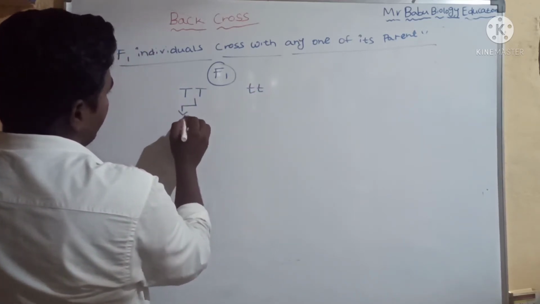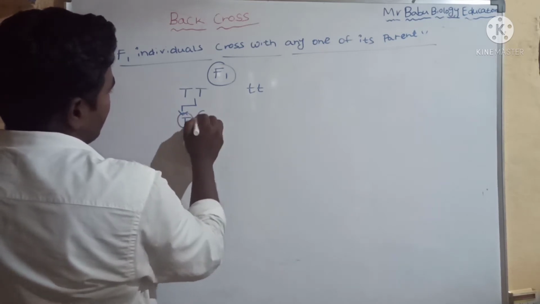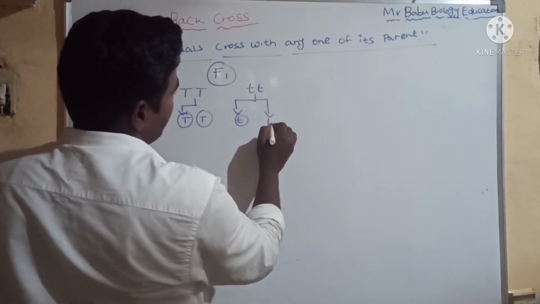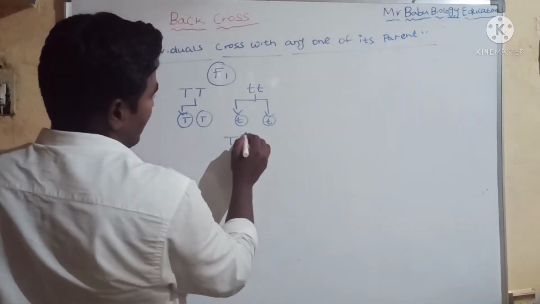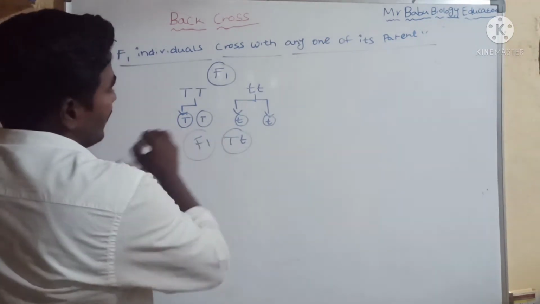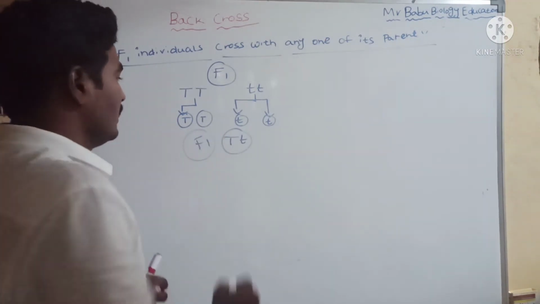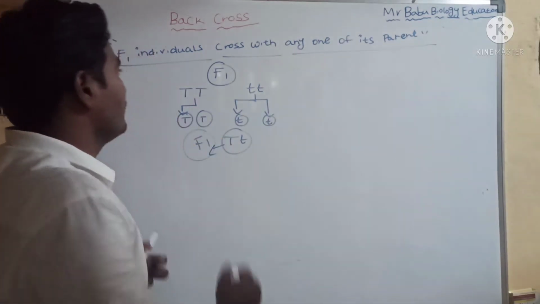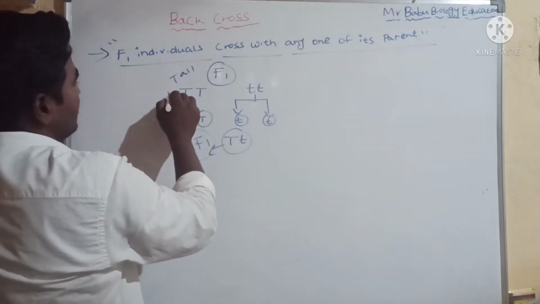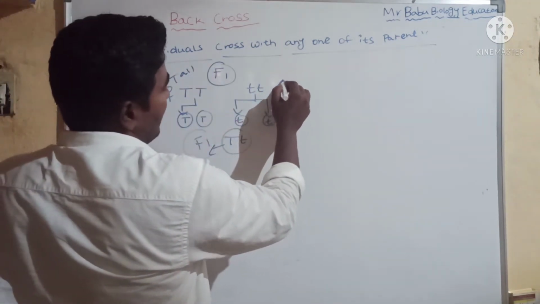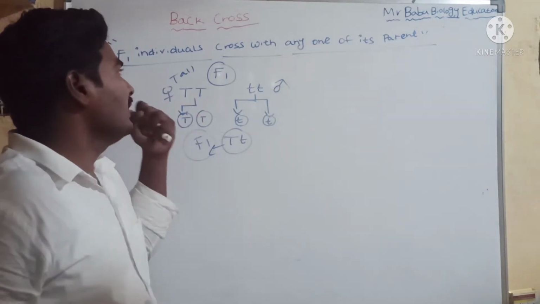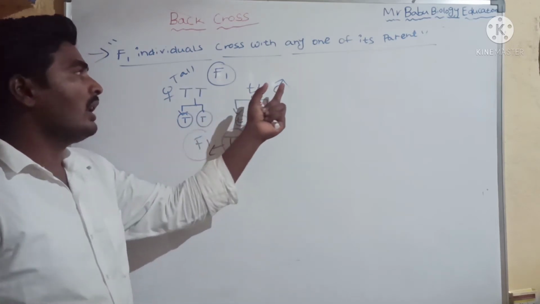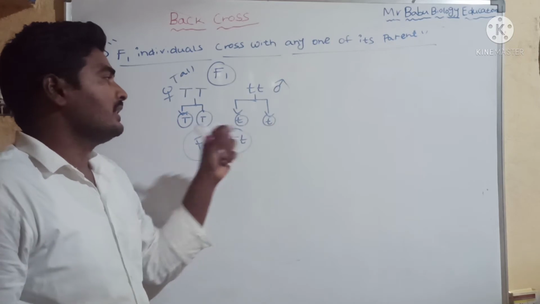The tall female plant releases the gametes capital T and capital T. The dwarf male releases the gametes small t and small t.